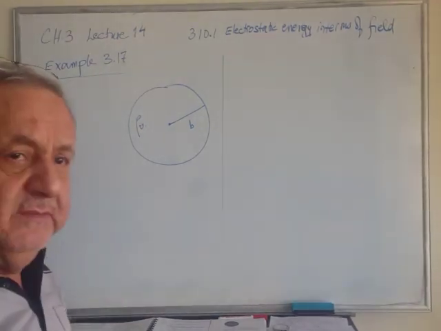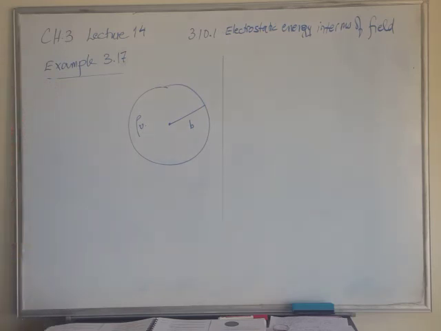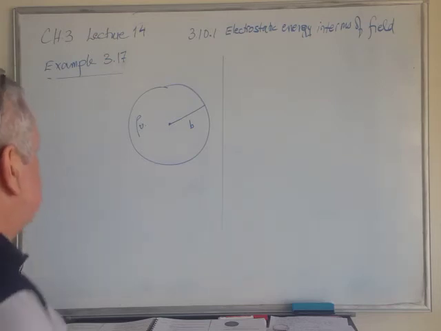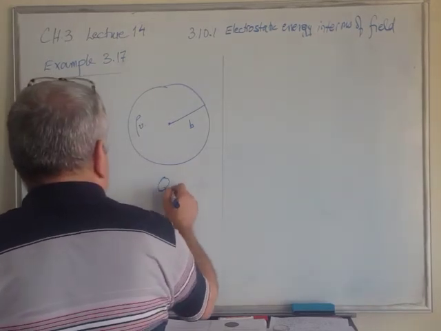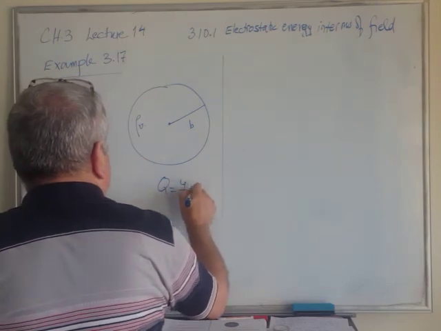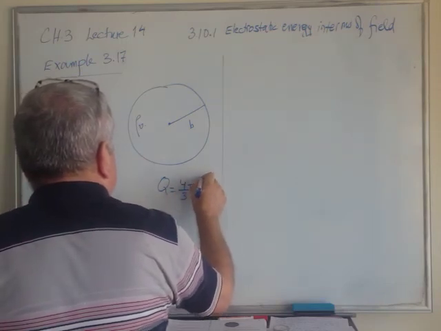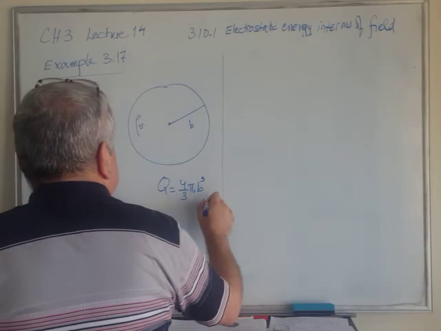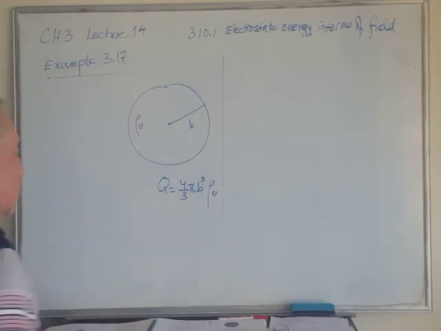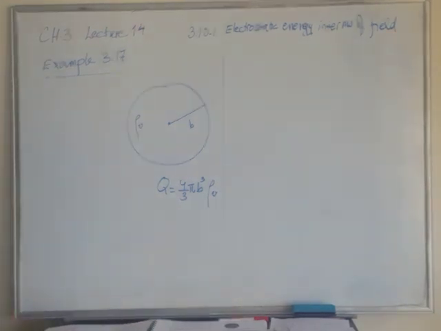Is to find the total electrostatic energy stored in this dielectric sphere of radius b and volume charge density rho v, or you are given Q, which is 4/3 pi b cubed times rho v. That's the total charge. Okay?